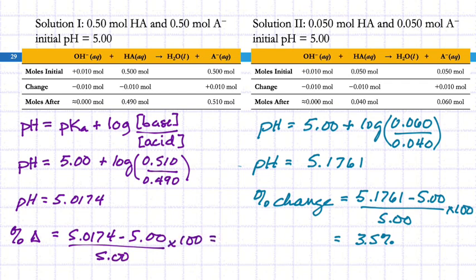And over here, we can see already that this is going to be smaller. 0.35%. So the percent change here was 10 times larger than the percent change over there. So the absolute concentration matters, the relative concentrations matter as well. Any questions?